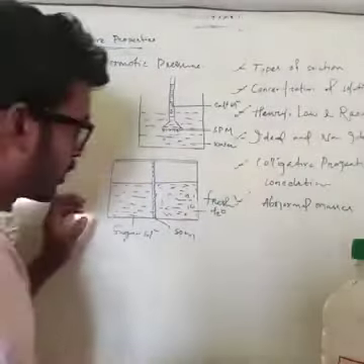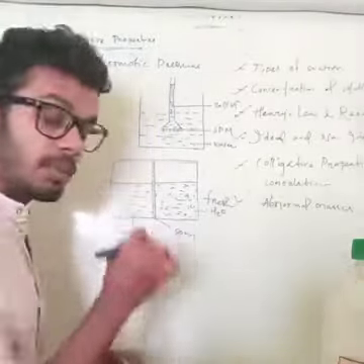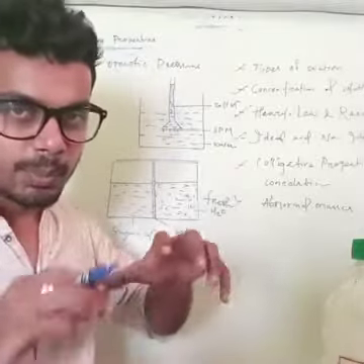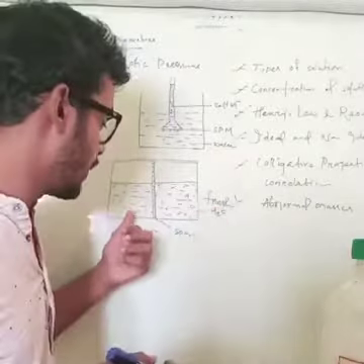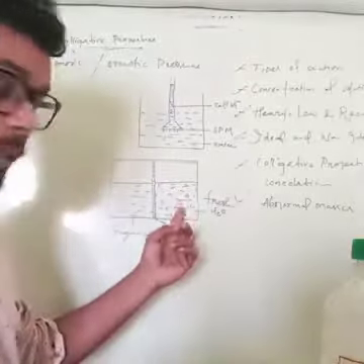So the concentration of solvent molecule is high where? Obviously this side, because this is solution. And solution means there must be some solute particles that will bind up the solvent molecules, so they are not so free as compared to this. So obviously the concentration will be higher this side.